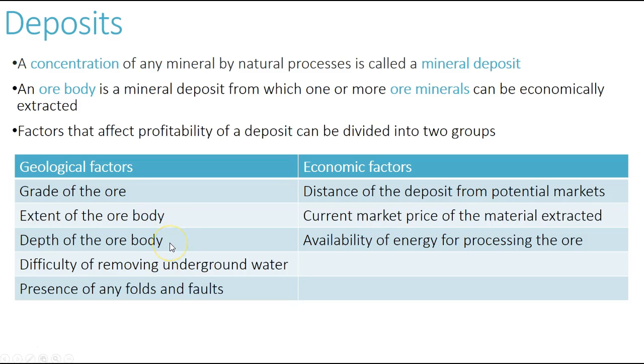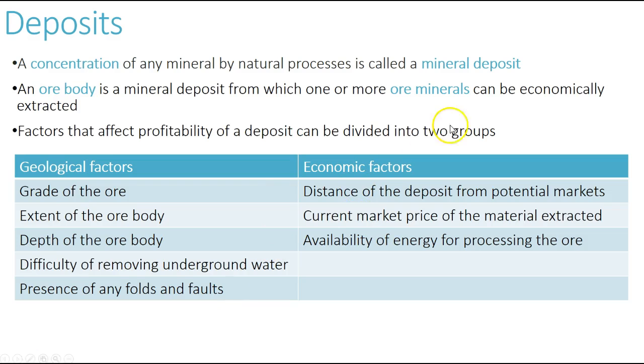The depth of the ore body also matters. So again, if it's not very deep, if it's quite a shallow, thin ore body, then it's likely not to be profitable. Now, also the difficulty of removing underground water plays an impact on whether you can extract the ore body.